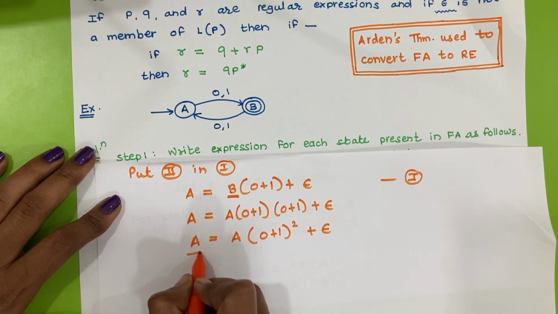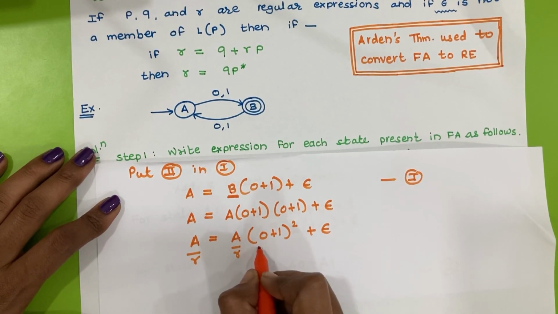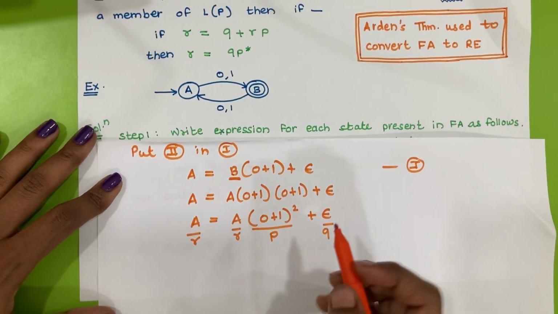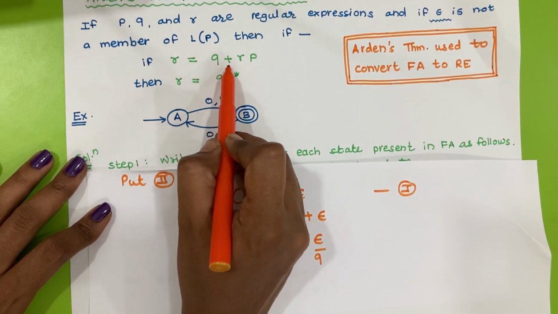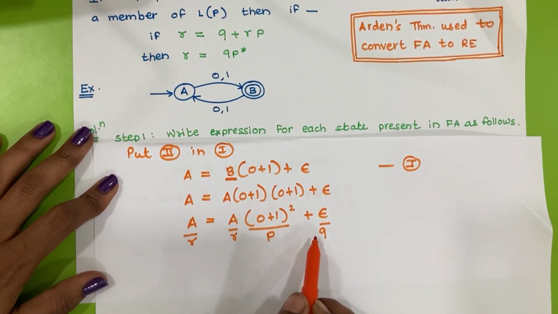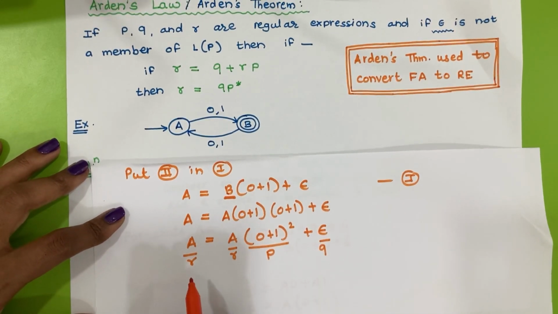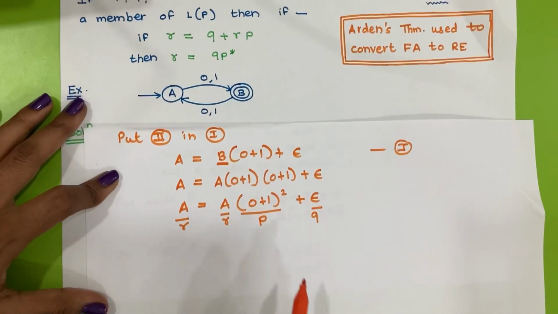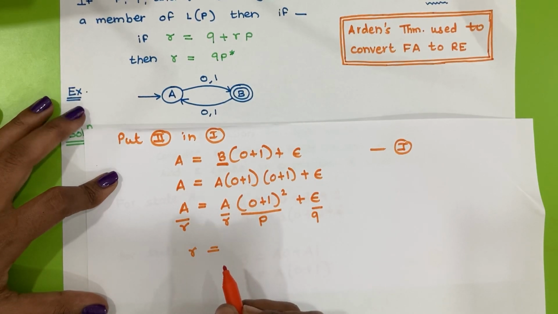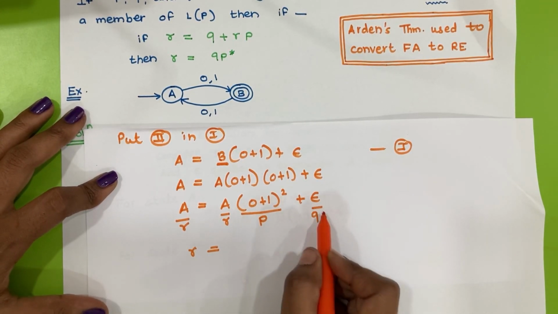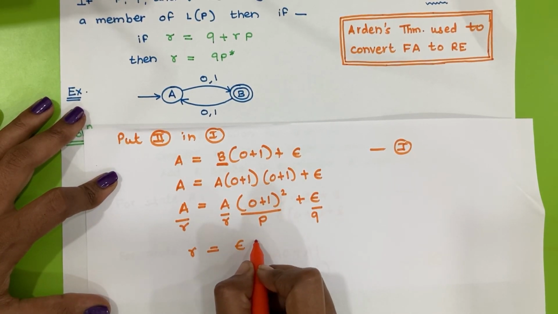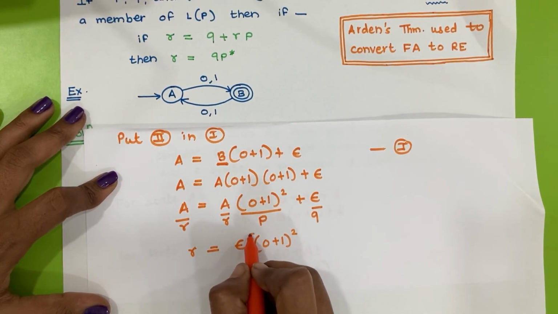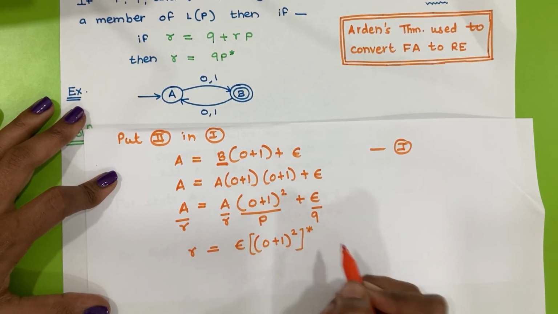Here this term is nothing but R, so A is R, this is nothing but P and this is nothing but Q. It resembles the R is equal to Q plus RP expression, so we can apply Arden's theorem here. So R is equal to QP star. The value of Q is epsilon, then P star.